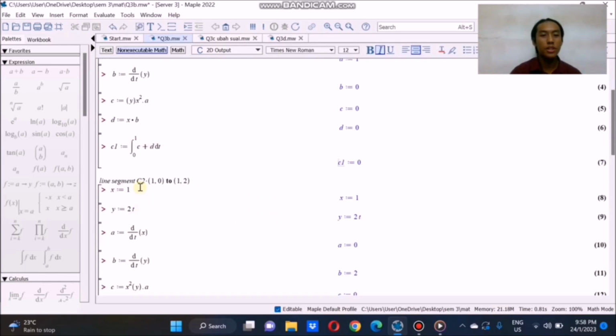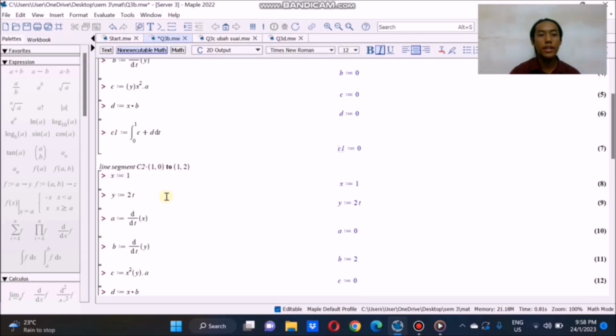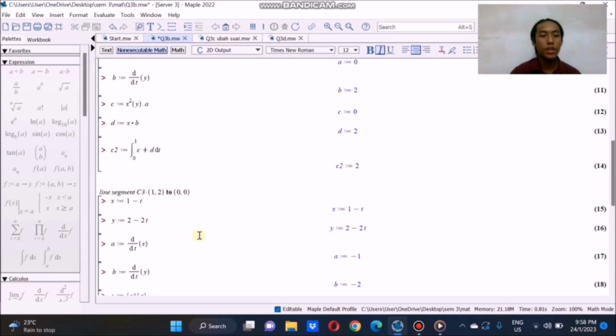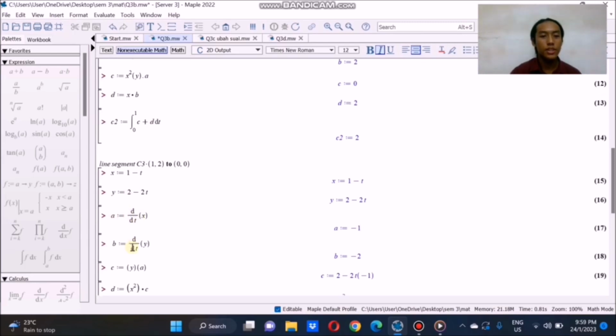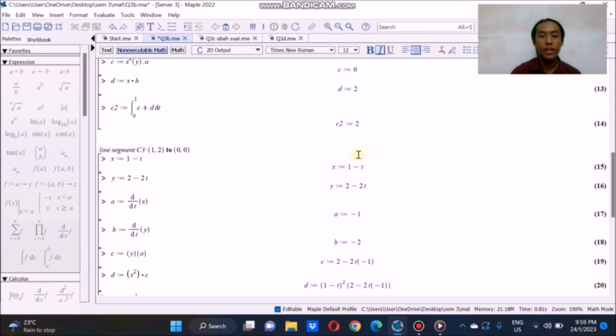For the line segment 2, which is C2, from (1, 0) to (1, 2), I declare x, y just like before, but with different values here. For the line segment C3, from (1, 2) to (0, 0), I declare x, y, and the declaration for the differentiation. So here it will differentiate based on what we declared.